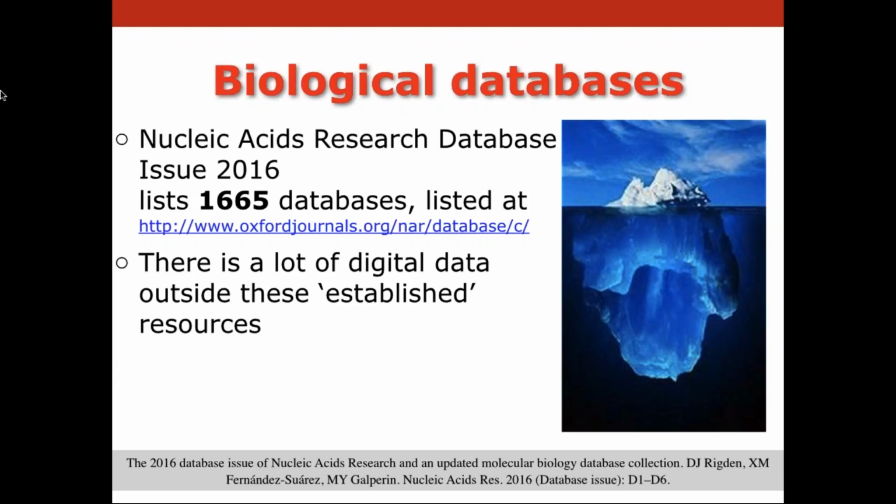There's a large number of what we call niche databases, usually created for specific projects, but that are not maintained once, for example, the students or postdoc moves on to a different project. So these are excluded from the Nucleic Acids Research database issue. Even within this collection, there's still a small number that goes obsolete every year. Just as a point to mention, this year there were 23 resources that were removed because they didn't seem to be maintained anymore.